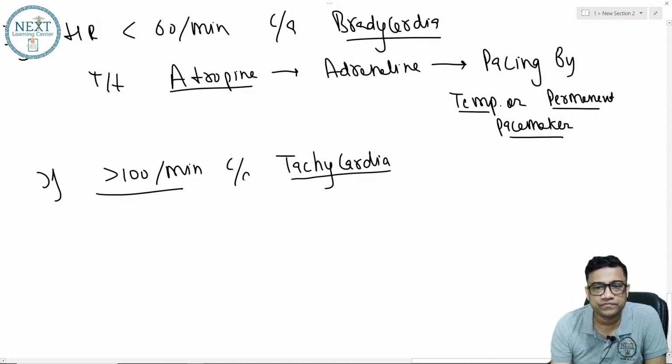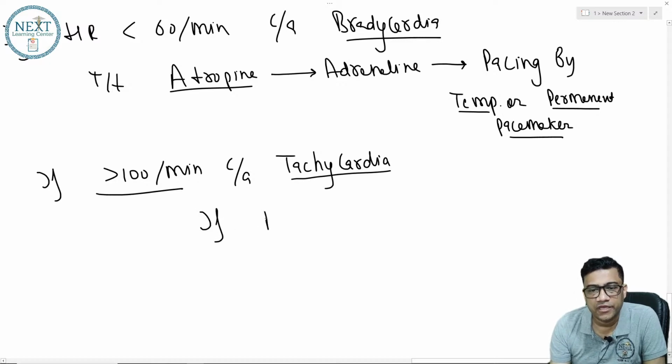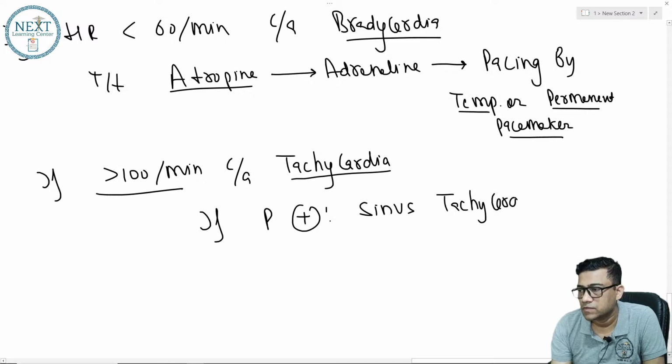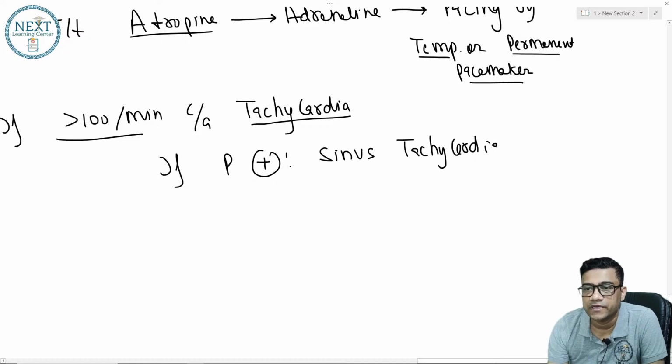Now in tachycardia, what is the story? Remember, if P is present, sinus tachycardia. If you're taking a large box, we can take 300 also. Tachycardia, ST.